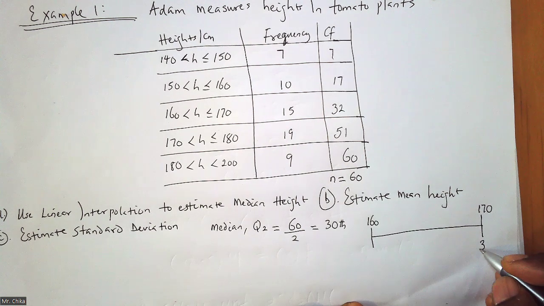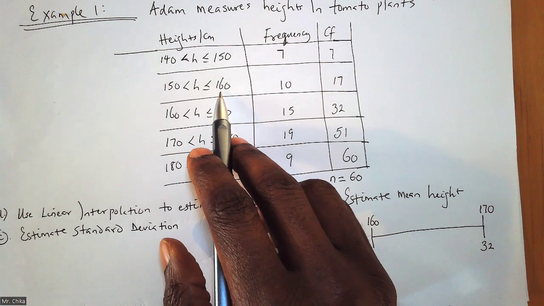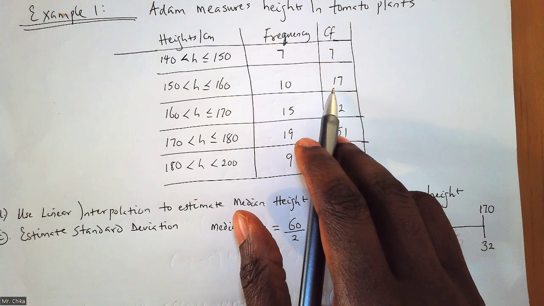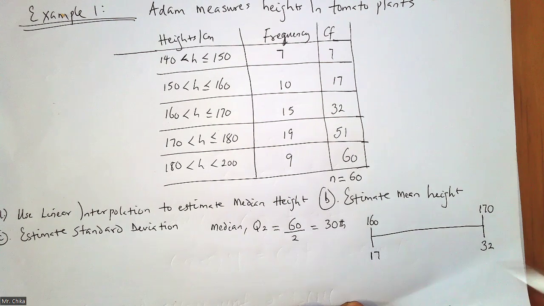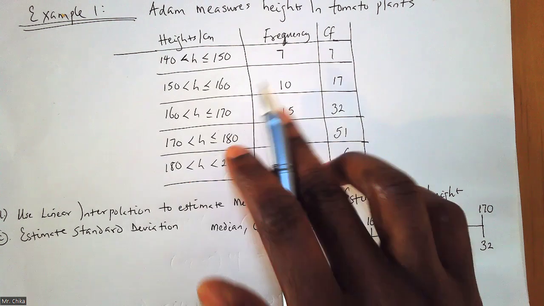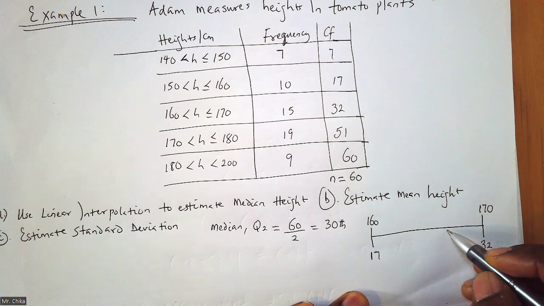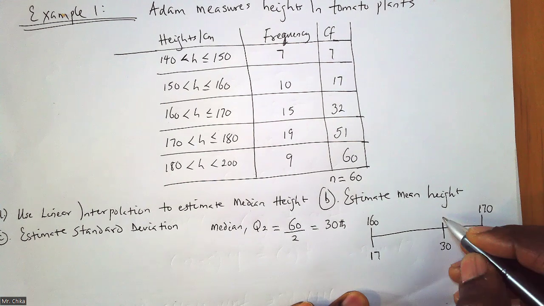The upper cumulative frequency is 32, and because we start from 160, the cumulative frequency there is 17. Now, upper, lower, according to what we're doing, we're trying to find Q2. So Q2, that's the 30th, should be between 17 and 32. So let's just say it appears somewhere here, and that's 30, and that is our Q2.